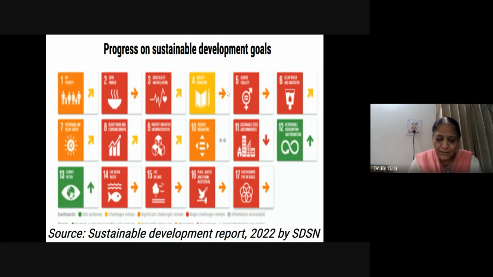Then the next one is to ensure sustainable consumption and production patterns. And it has been said the consumption patterns and the production patterns are unsustainable. And there are crises due to climate change and biodiversity loss. These are the main ones. Then too much food is being lost or wasted. It is not being properly utilized.